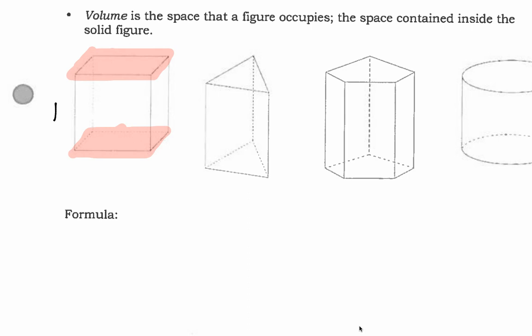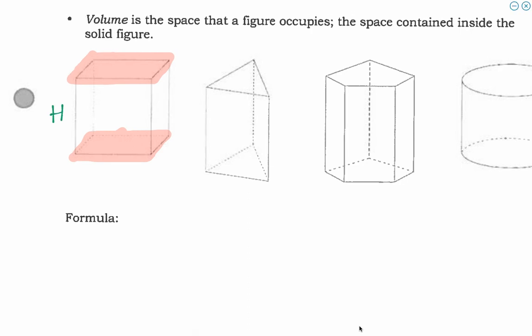The height is the distance between the bases. And I'm going to say it that way because if I was to push this thing over, where the base was not technically on the top and bottom, maybe it was on the front and back or left and right, the height is always the distance between the two bases.